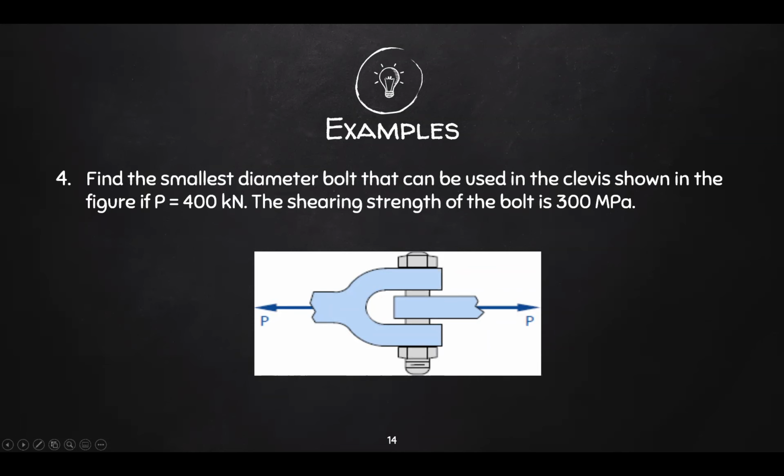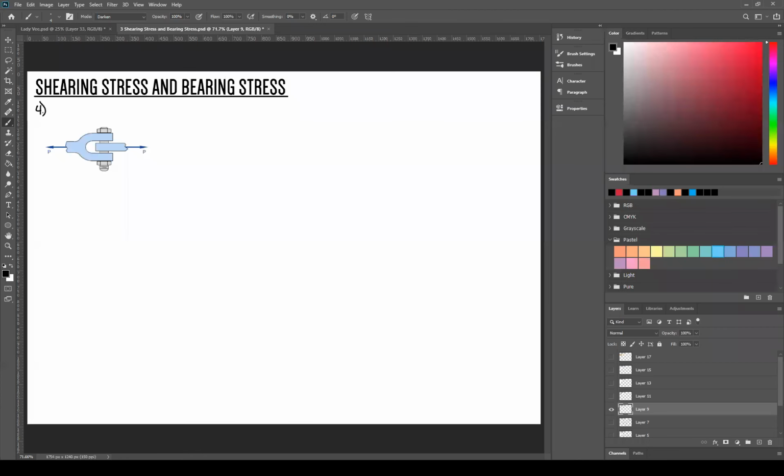Okay, let's write all of that. Once again, applied force P is 400 kilonewton. And then shearing strength of the bolt is 300 MPa. We want to know what should be the diameter of our bolt to resist that force.